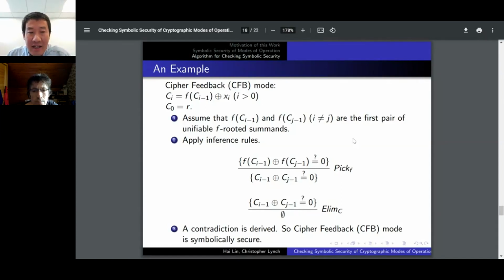Essentially, some f-rooted terms can't go away, assuming that f of Ci minus 1 and f of Cj minus 1 are the first pair of unifiable terms, and assuming that we only consider computable substitutions. At this point, we derived the empty set, which means that we derived a contradiction. Therefore, the uniqueness property is satisfied and symbolic security is also satisfied.